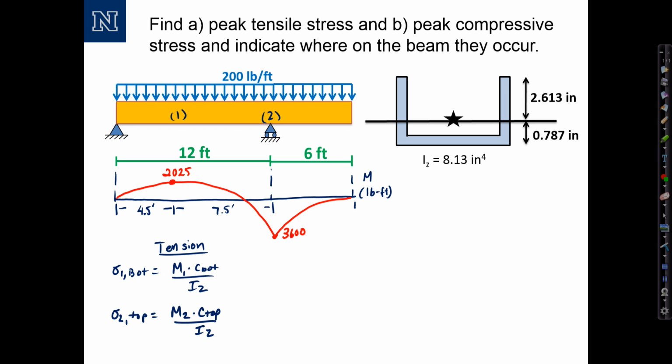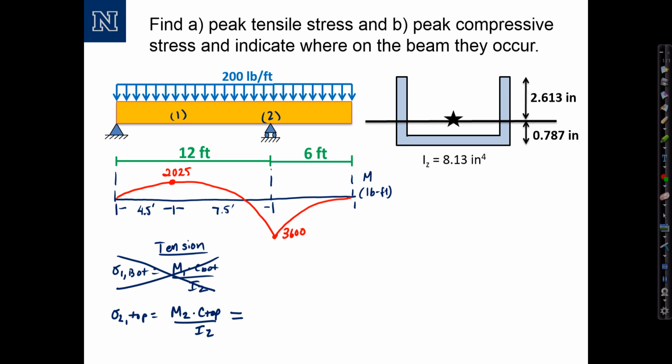Now comparing the two values, the magnitude of M2 is greater than M1, and the magnitude of C top is greater than C bottom, so we can immediately see that sigma 2 top is going to be greater than sigma 1 bottom, and we do not need to compute sigma 1 bottom.